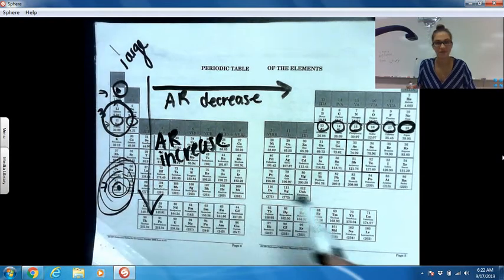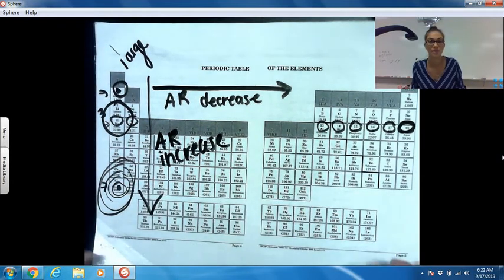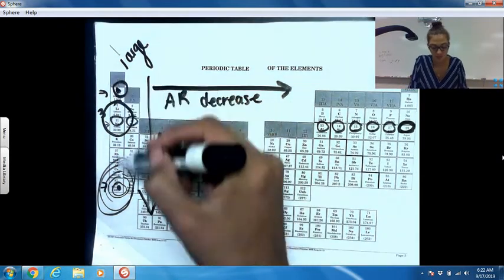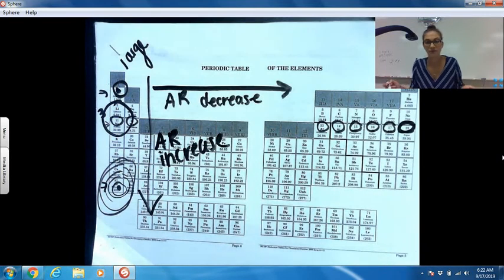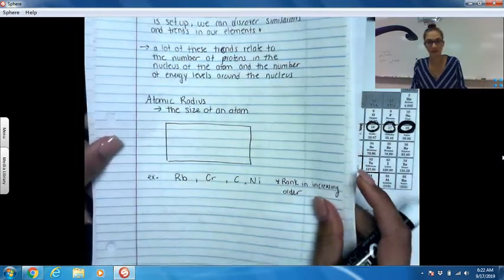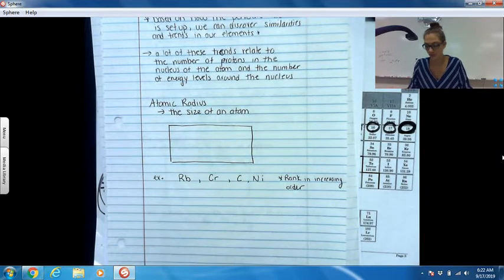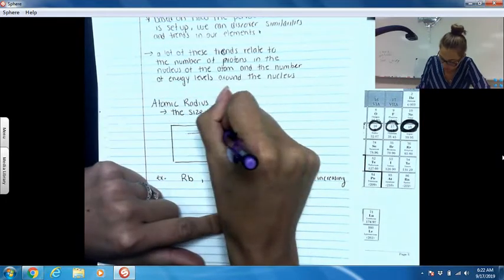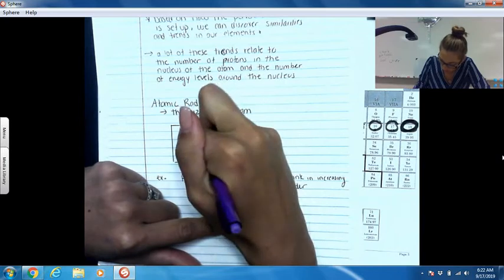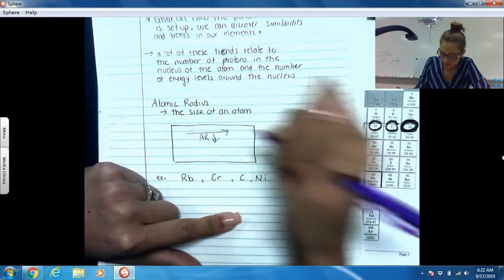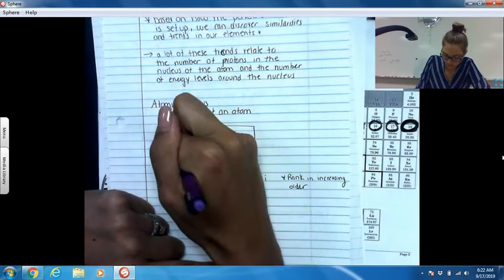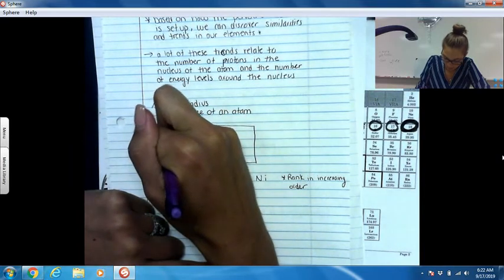I don't think that's actually 7, but you get my point. As we go down, we're adding energy rings onto the atom, and so it is growing in size. Okay, so back to atomic radius. General trend is as we go across, AR decreases, and as we go down, AR increases.